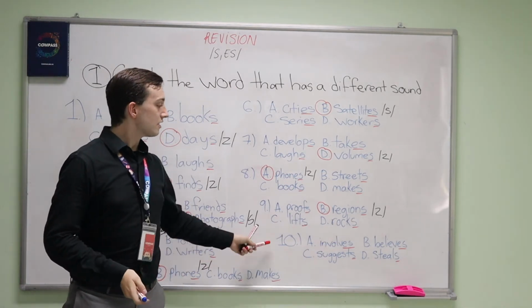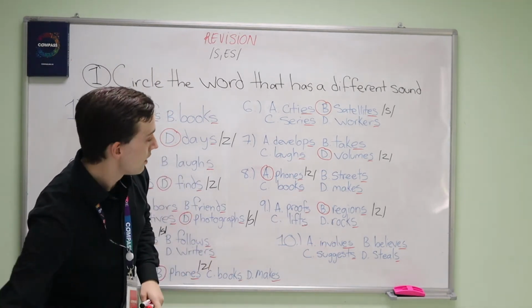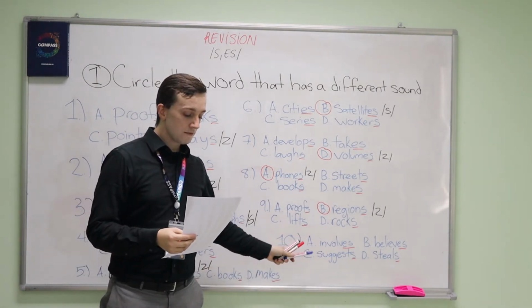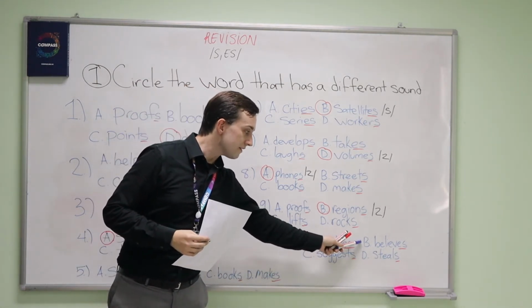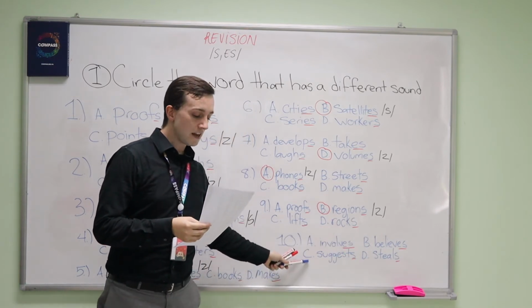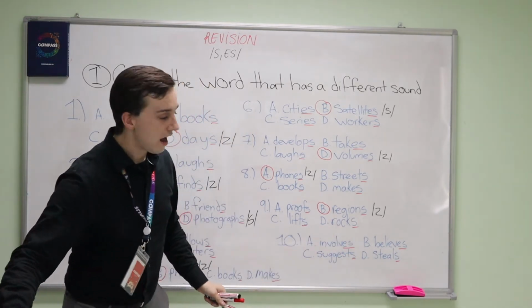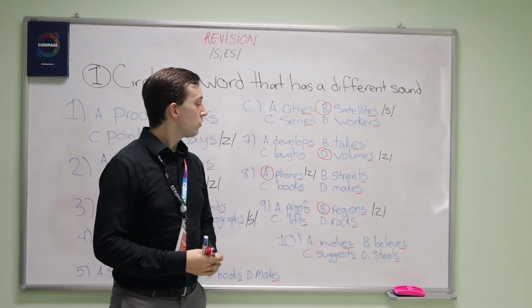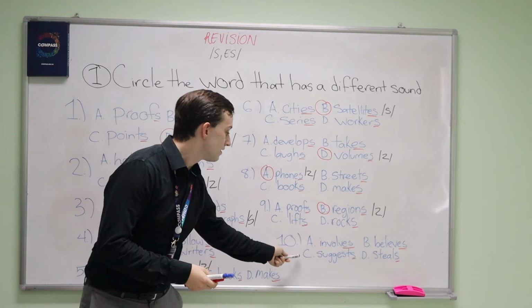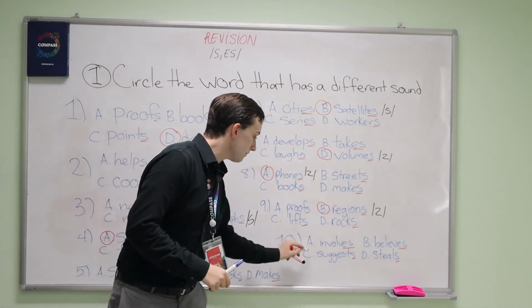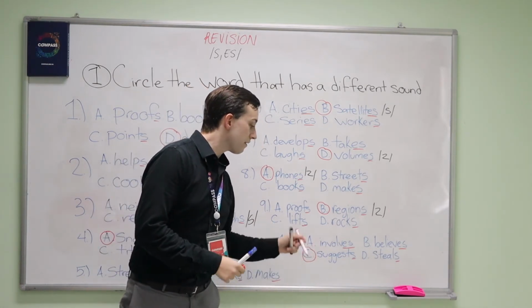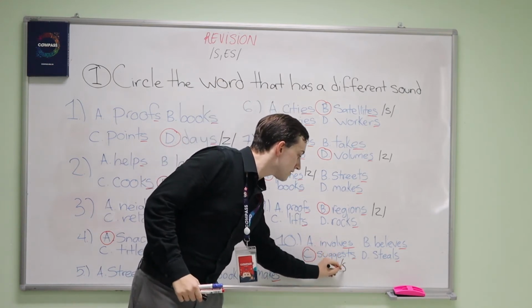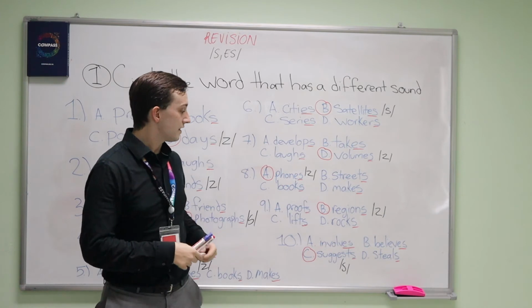Okay, finally, it's question 10. Question 10, A is involves, B, believes, C is suggests, and D is steals. The different word is C. Okay, because in C, S makes the sound S. Like this.